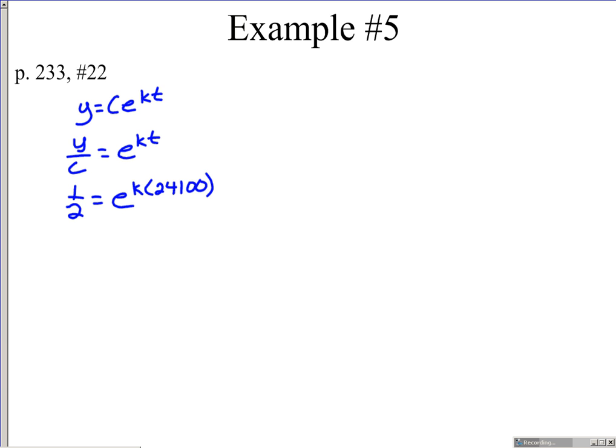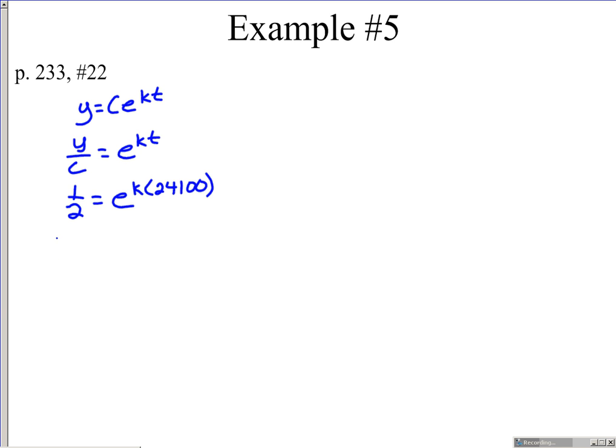Okay, last one we're going to look at in the first half here, skip down to problem 22. This time our half-life is 24,100 years. So we're again going to start with our initial formula, y equals c times e to the kt. We know this ratio of y over c, if we're talking about a half-life, has to be 1/2. When does that occur? After 24,100 years. Solve for k.